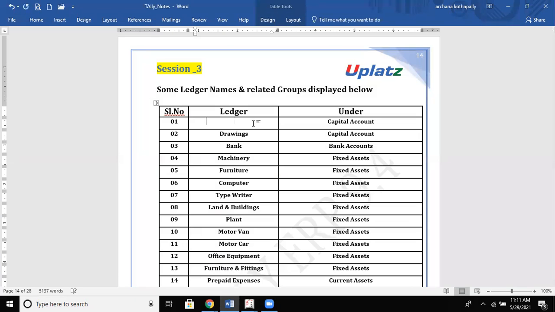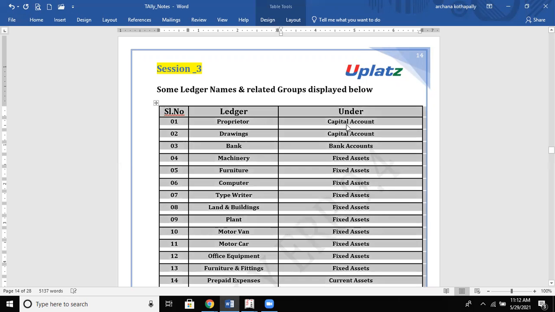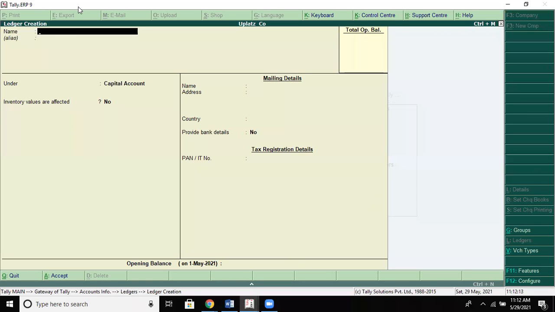Instead of owner, we will better mention it as proprietor. Right? This is the capital account. So for the name, write it as proprietor.